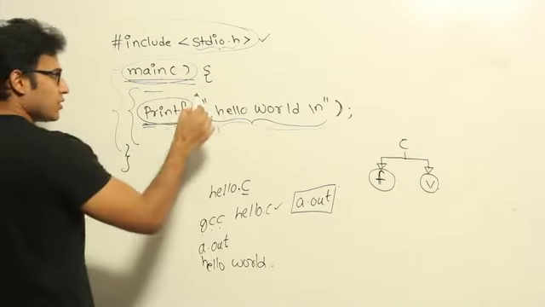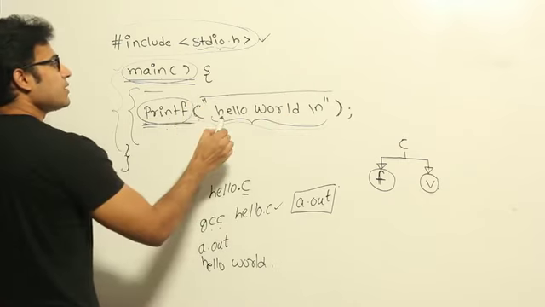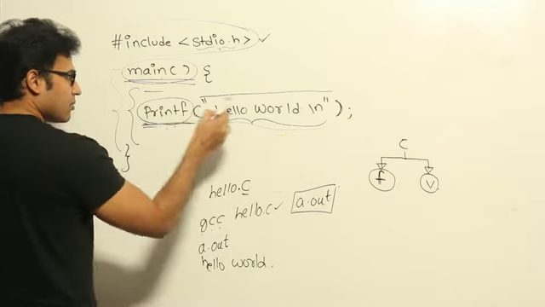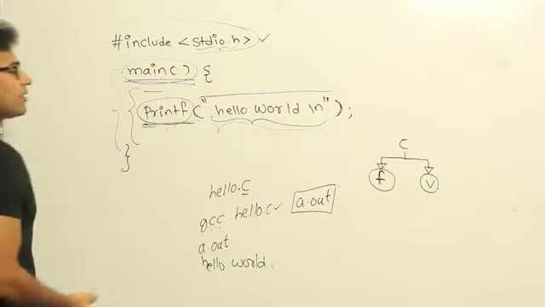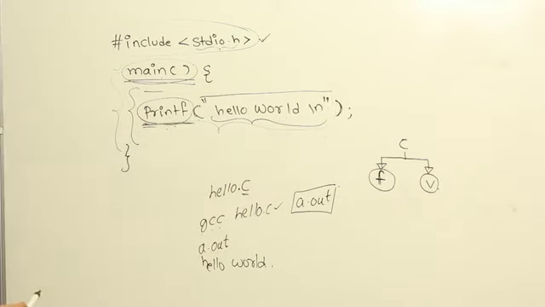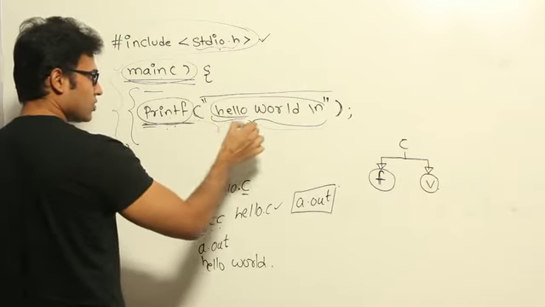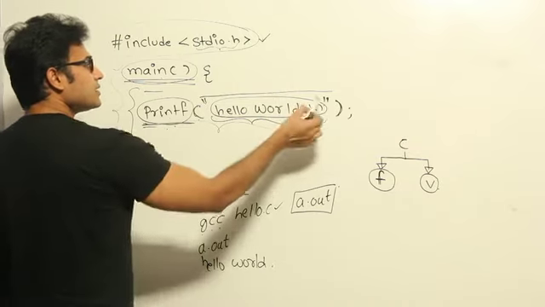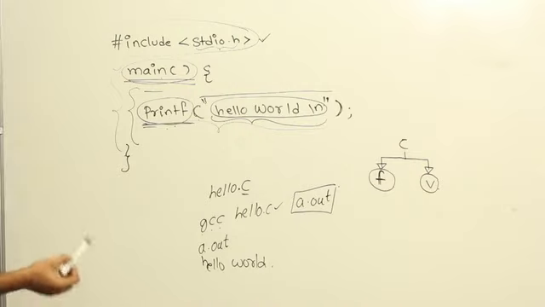In this list you have passed only one argument, and that argument is just a sequence of characters present within double quotes. Whenever you see a string of characters in double quotes, you can say that this is a string constant, or a string.